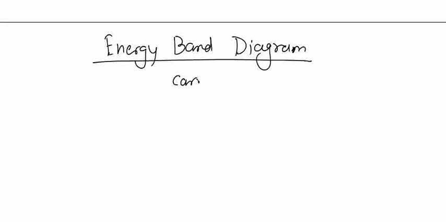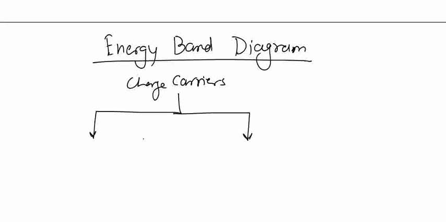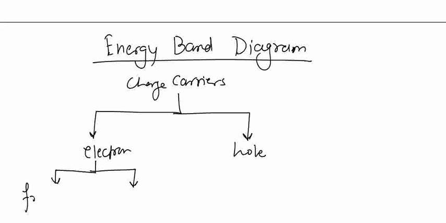Charge carriers are of two different types. One is electron and one is hole. Electrons in the material are of two types. One which can take part in conduction, means after applying supply to the material, electrons can move, that are called free electrons.